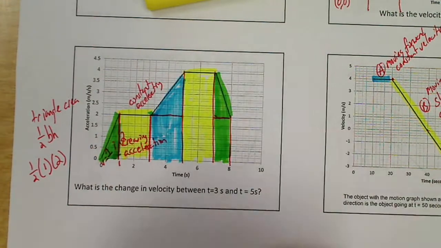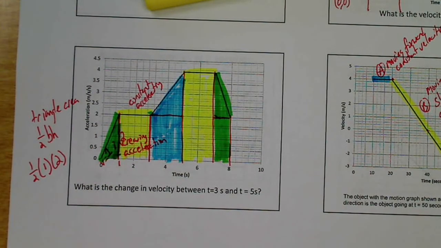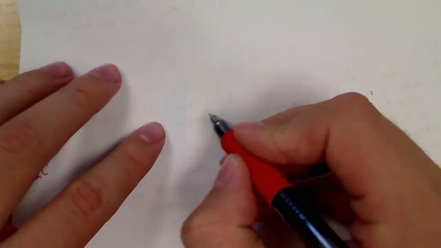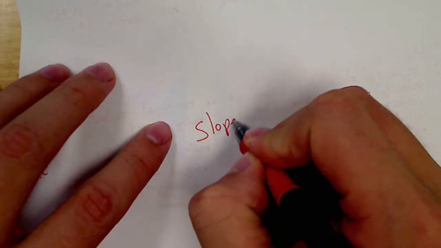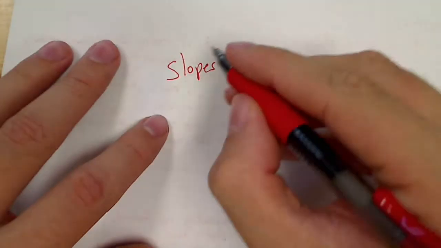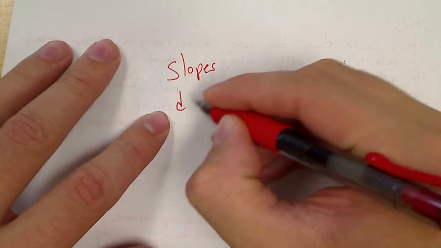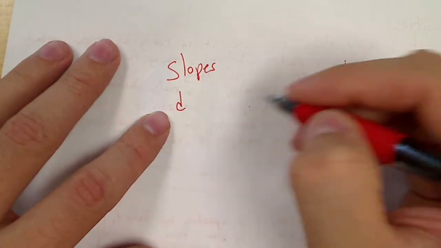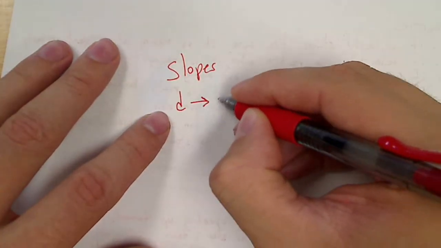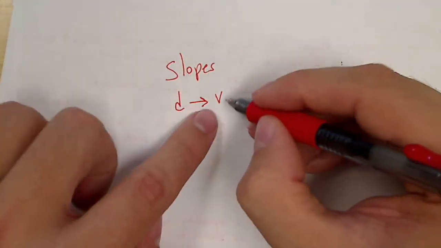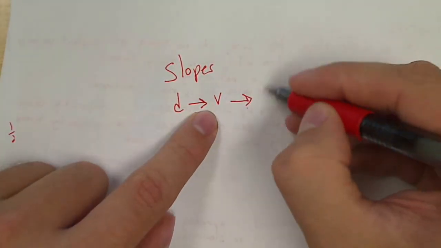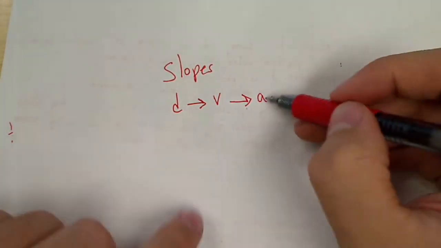And now the area of an acceleration graph is velocity. Okay? Let's write down that rule too. So slopes take us from the slope of a distance versus time graph will tell me a velocity. And the slope of a velocity versus time graph will tell me an acceleration. There's nothing after that.